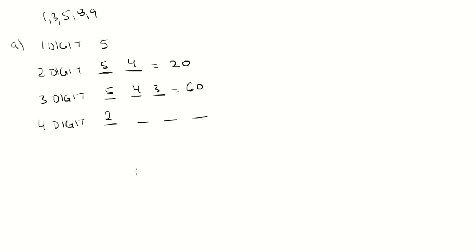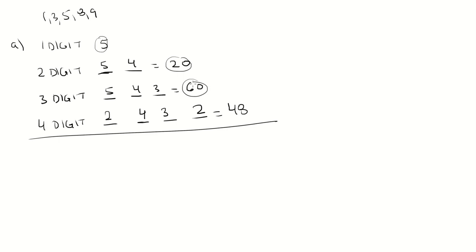Now for the second number, it's going to be 4 left over, and then 3, and then 2 left over. So we do 2 times 4 is 8, times 3 is 24, times 2 is 48. So in total, we add 5 plus 20 plus 60 plus 48. That's going to give us 133.